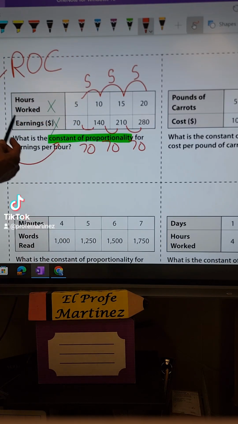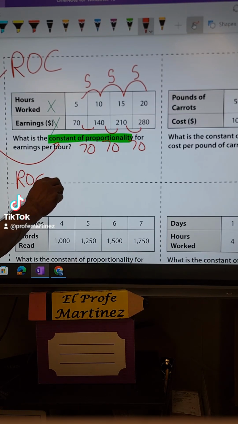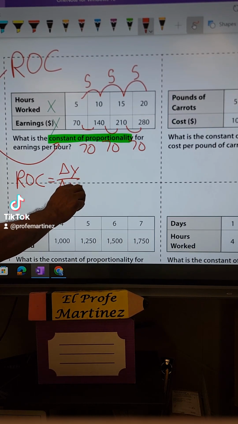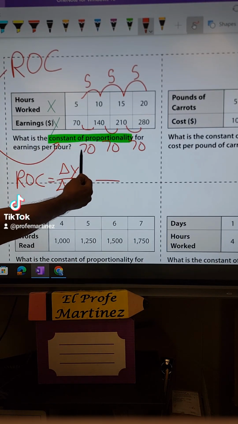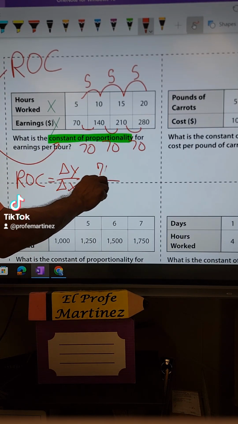Now to find the ROC, or the constant of proportionality, you're going to have the change in the Y over the change in the X. In this case, the Y value is the earnings, and it was going up by 70, so that goes on top.